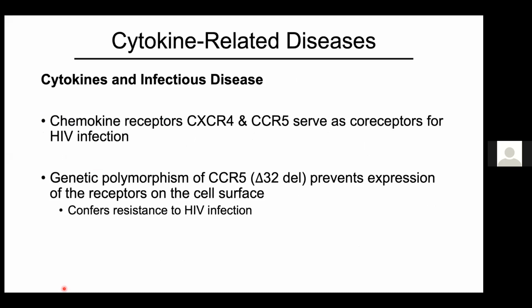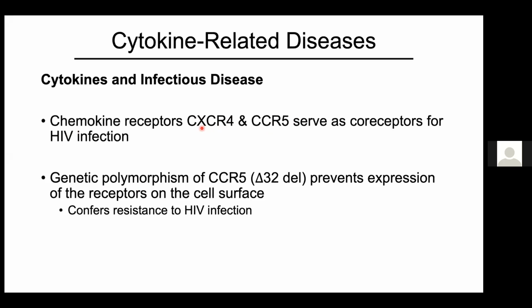I talked about chemokine receptors being important in HIV infection, so cytokines and infectious disease. Remember, the chemokines are named either CXC or CC, depending on where a certain cysteine residue is, and then R would mean a receptor. So there are these two receptors, CXCR4 and CCR5, that serve as co-receptors for HIV infection.